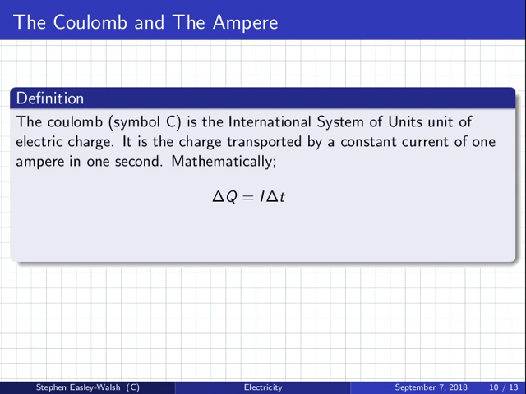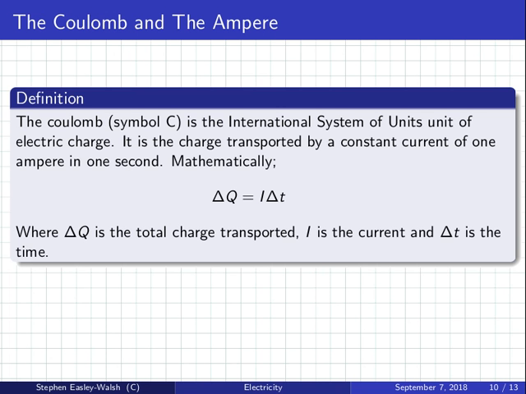And you can actually write it as a formula, where Q is the charge, I is the current, and T is the time. So in other words, if you have 1 amp for 1 second, then the charge you get is 1 Coulomb. Okay? So you can see this definition of a Coulomb is actually not so difficult.